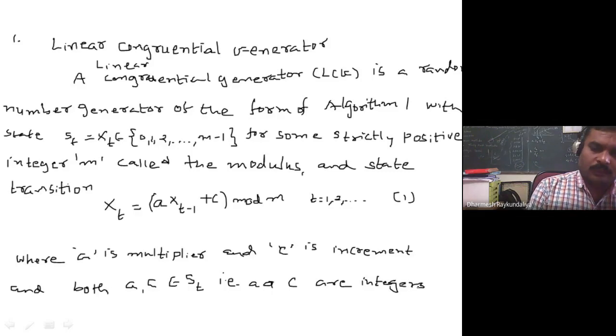So the multiplier a and increment c are both integers, and they should always lie between 0 and m minus 1.